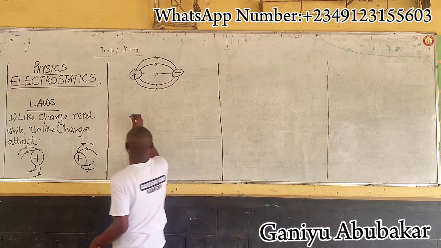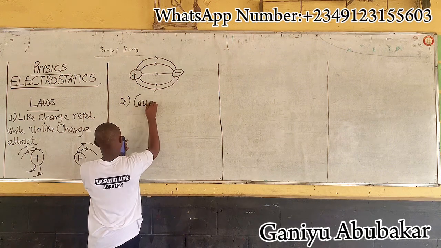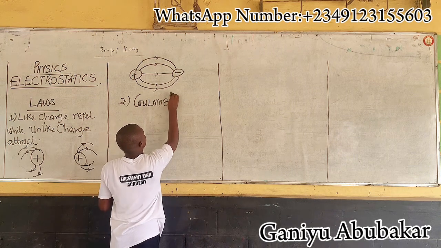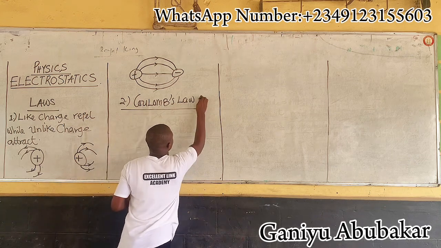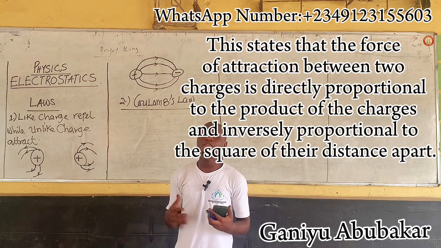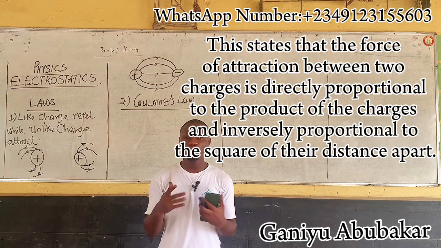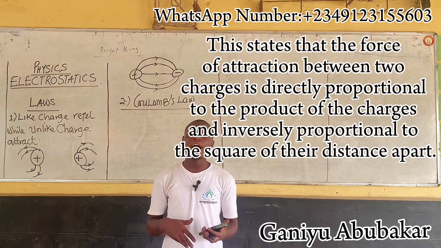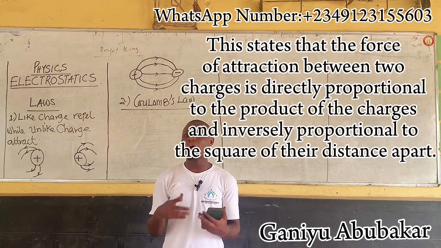The second law is called Coulomb's law. Let's state Coulomb's law. Coulomb's law states that the force of attraction between two charges, let's say Q1 and Q2, is directly proportional to the product of the charges and inversely proportional to the square of the distance separated apart.